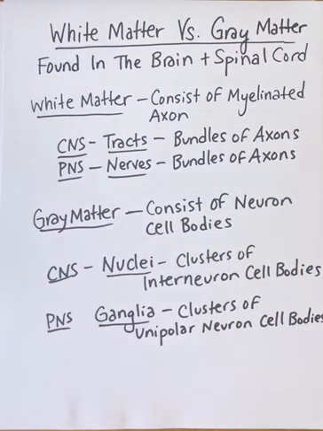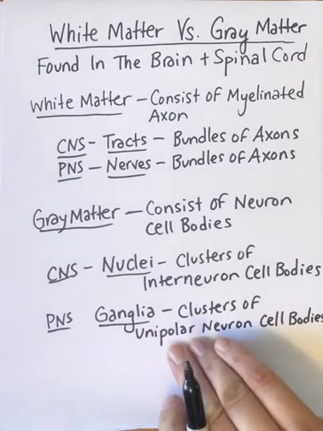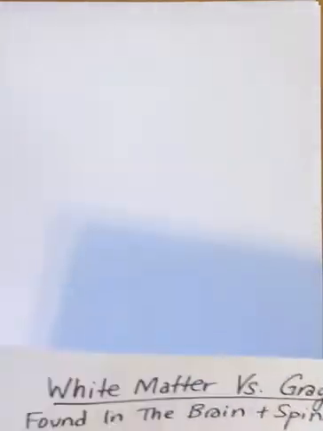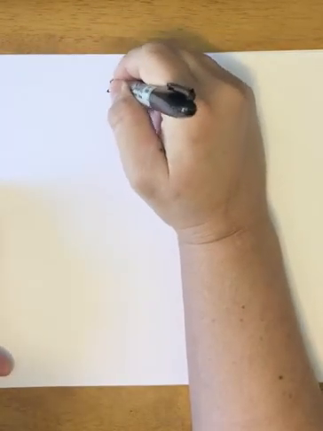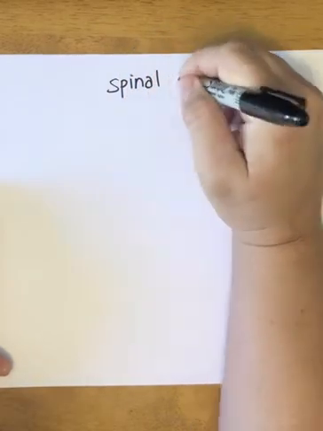So when we look at pictures of the brain and spinal cord, if I were going to draw out a spinal cord, which you will see me do several times today, I can show you the gray matter versus the white matter. So we'll do the spinal cord first because I don't have a picture of this. I'm going to have to draw it.